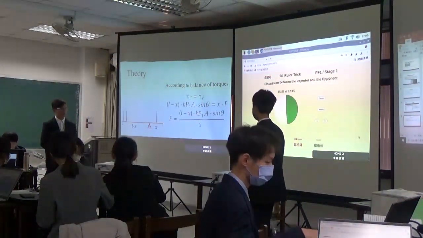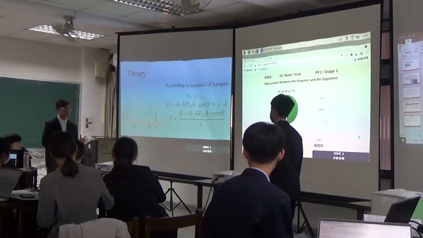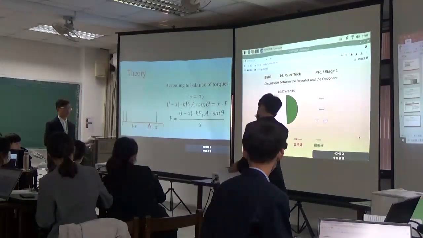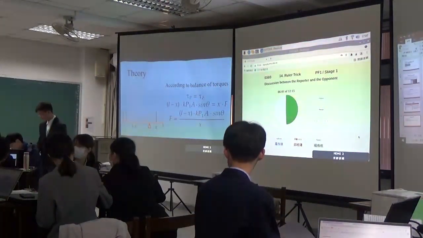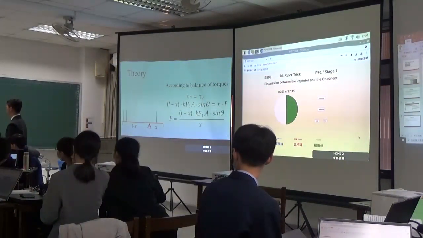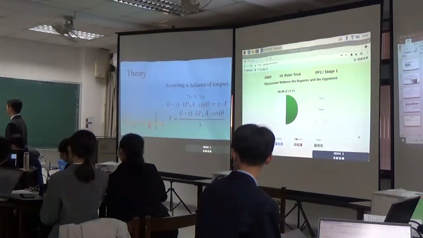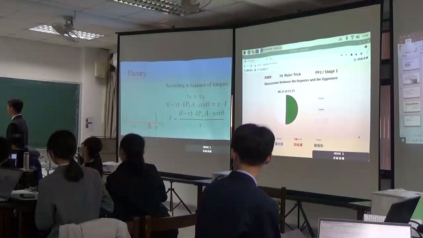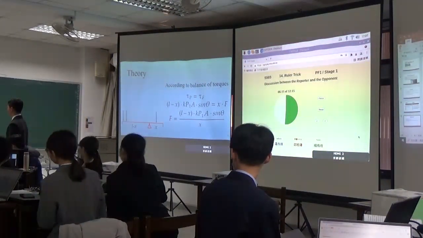Do you mean it might fall, or that there will be another torque created? If you think of your ruler as a rigid body, you did the experiment by measuring the height changing by time of the ball, right?